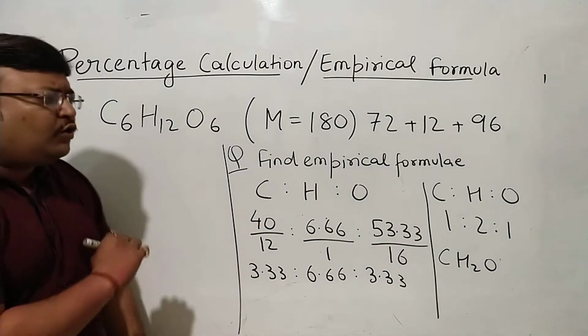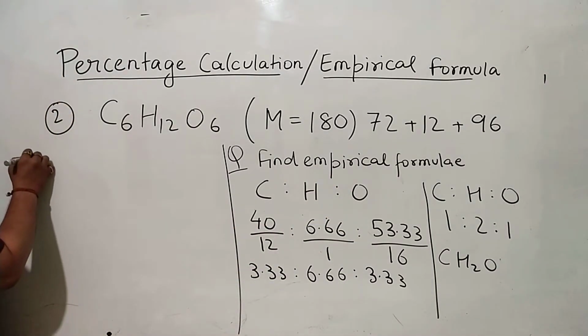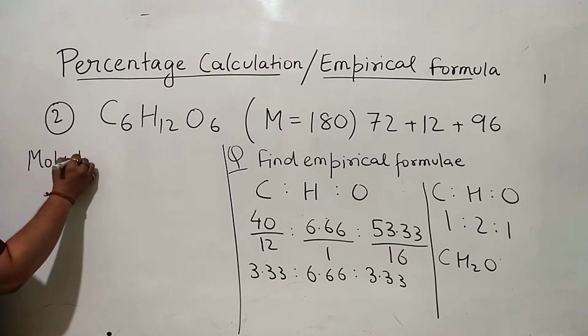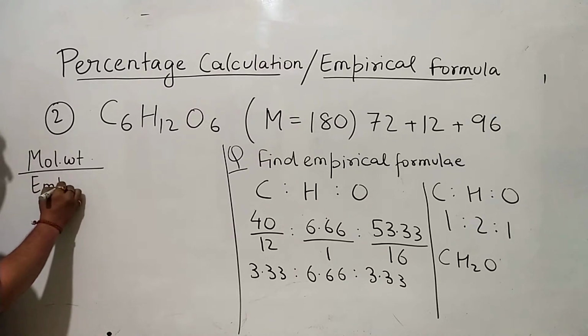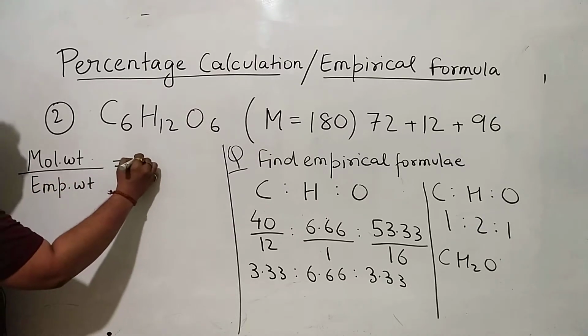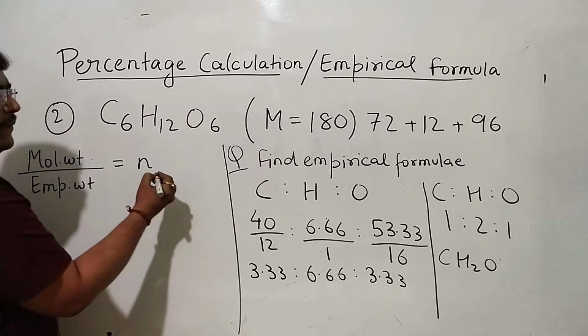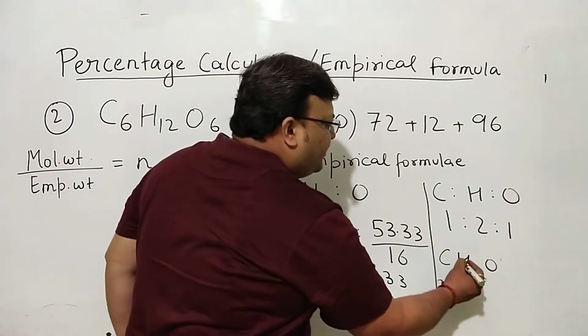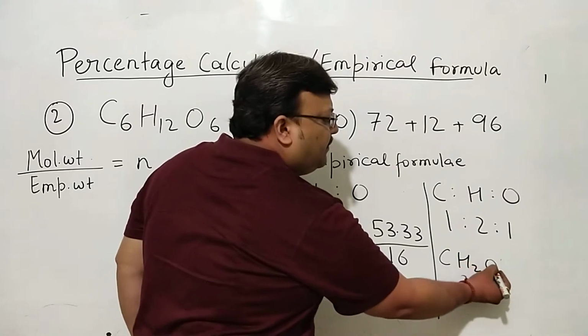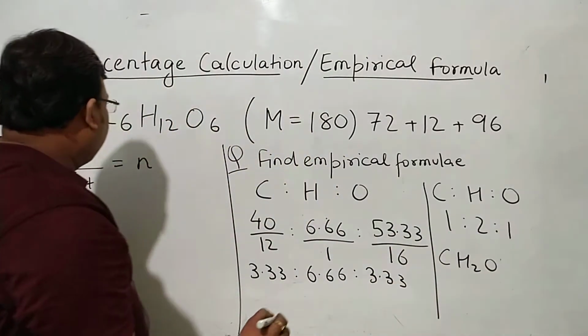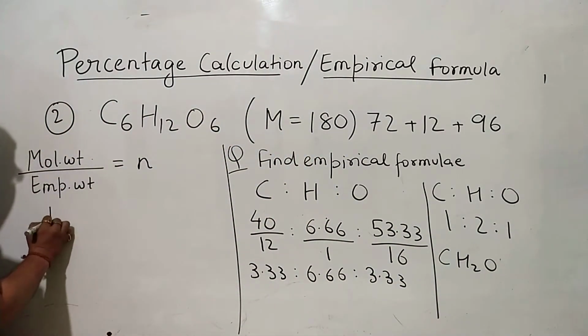When it comes to the molecular formula, molecular weight upon the empirical weight would be a number n, which will be a whole number. Now CH2O would certainly add up to 12 plus 2, 14 plus 16, 30, and the total molecular weight is 180.